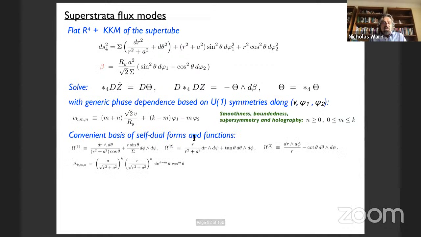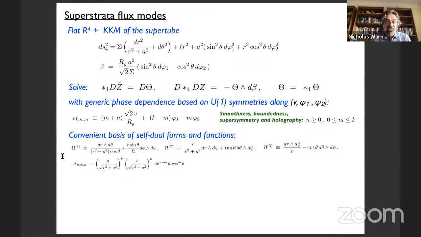Okay, so the other thing that's also an important part of the first step is we need to start parameterizing these self-dual forms that turn up in these equations. And in particular, there's a very convenient basis, which is in every one of the literature on this subject, which is basically simply some self-dual two-forms written on the R4 base in these funny spheroidal coordinates.